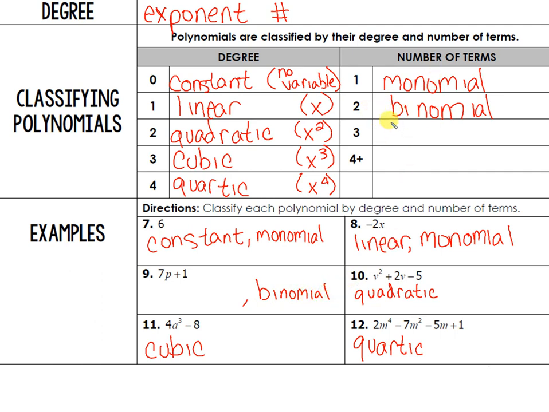Bi meaning 2. For 3, we have tri. Tri meaning 3, a trinomial. B squared plus 2v minus 5. We have 3 separate things going on. Anything more than 3 is a polynomial.